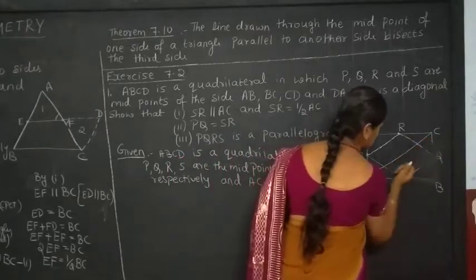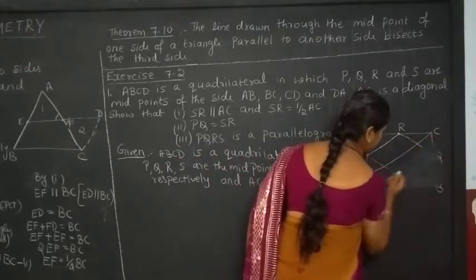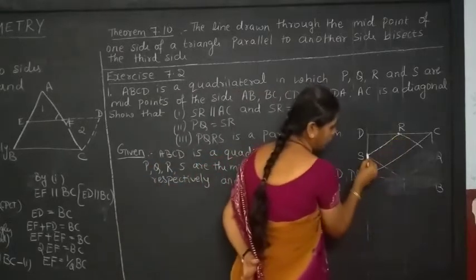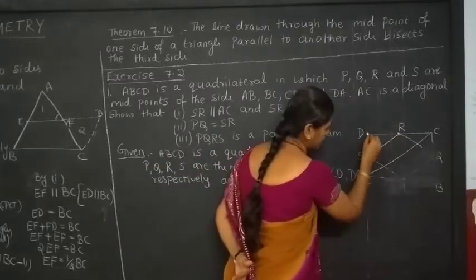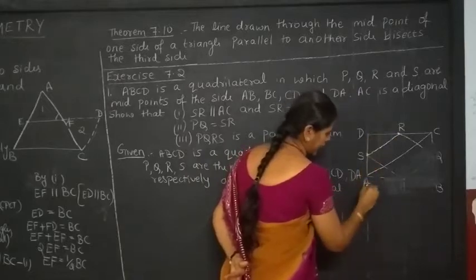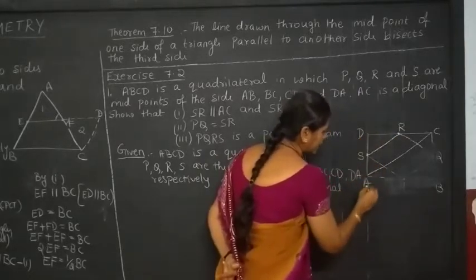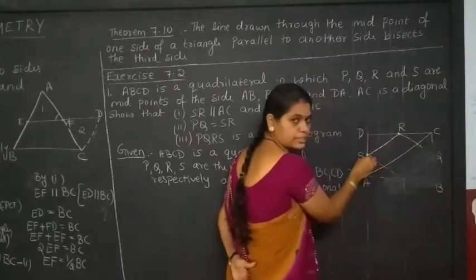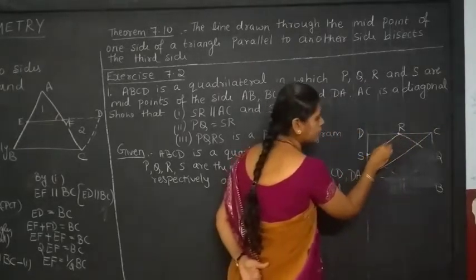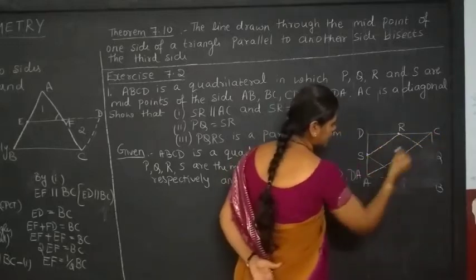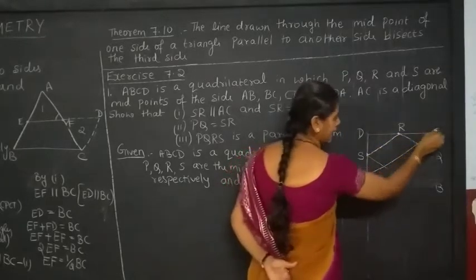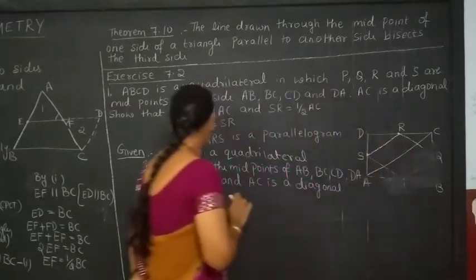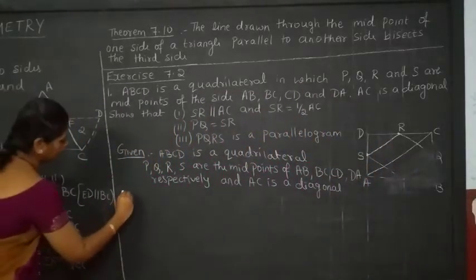Don't see this part, students. Now, these two are the midpoints. If you join the midpoints of two sides of a triangle, which are the two sides? DA and DC are the two sides. Then the line formed is parallel to the third side. Which is your third side? AC. And it is half of the third side. So directly by the midpoint theorem you can write this.